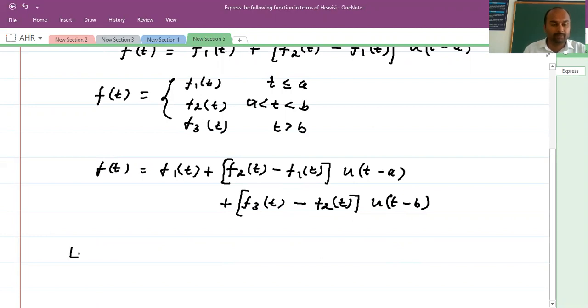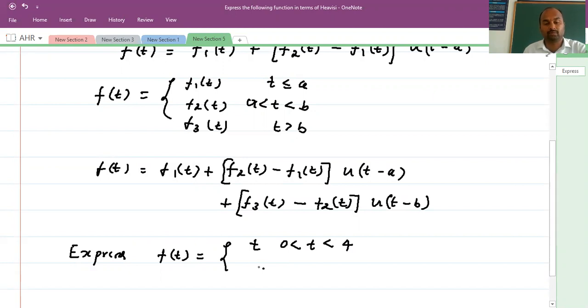Express f of t is equal to t when t is greater than 0 and less than 4, and 5 when t is more than 4.